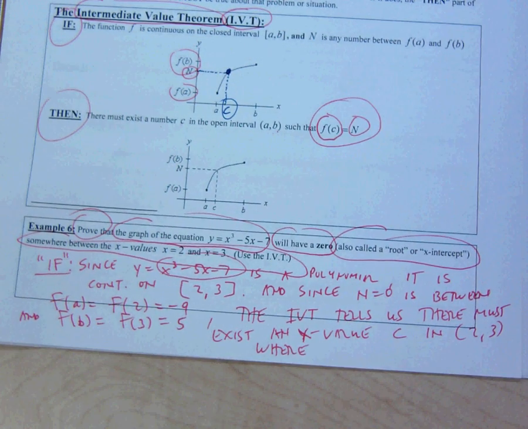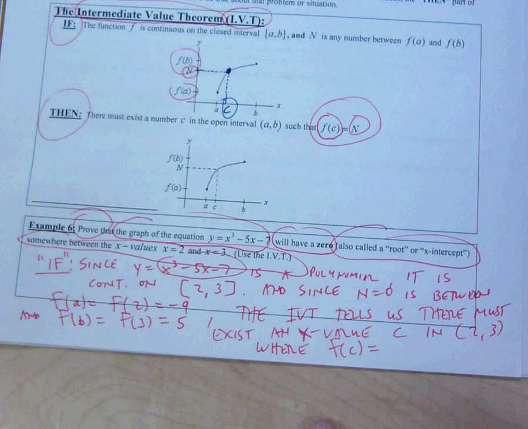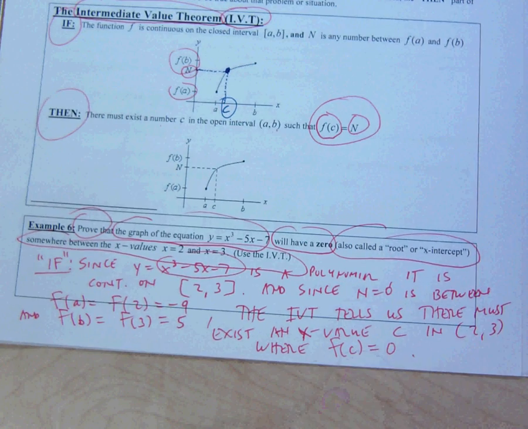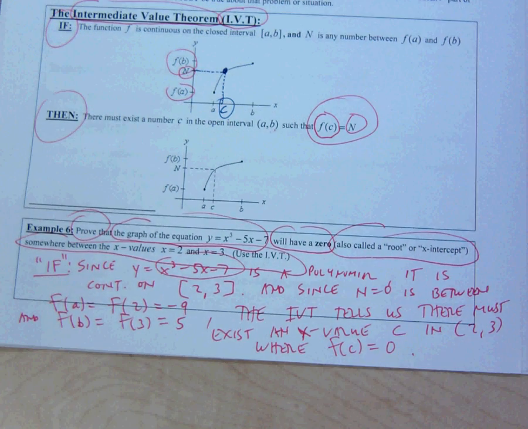F of c equals what? What's my n? 0. Okay, so there it is. So that proves there's an x-intercept somewhere between 2 and 3. Doesn't it? Okay?